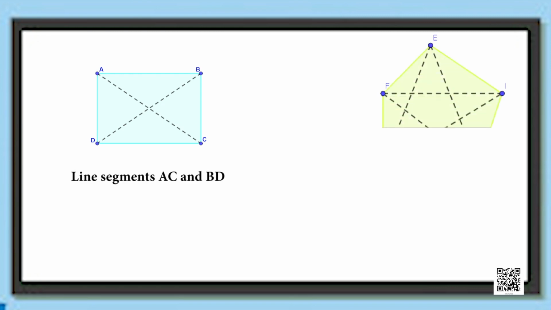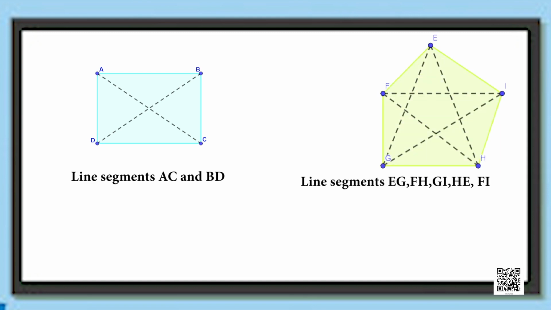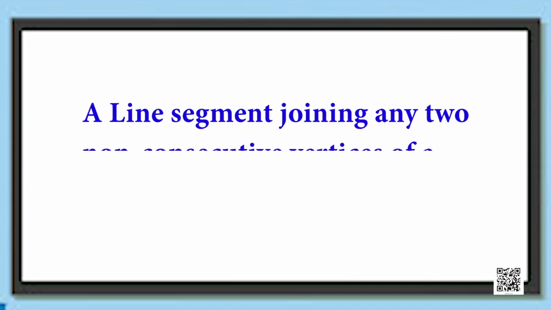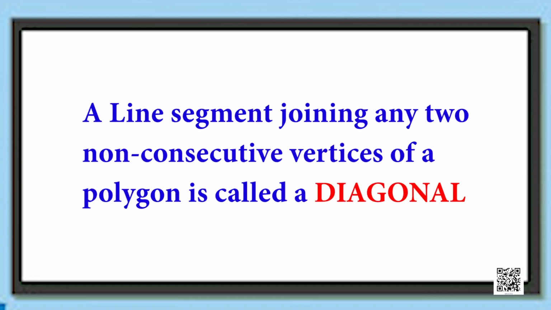In the pentagon EFGHI, line segments EG, FH, GI, HE, and in the quadrilateral JKLM, line segments JL and KM. All these line segments are joining the non-consecutive vertices of the polygons and hence they are called the diagonals. A line segment joining any two non-consecutive vertices of a polygon is called its diagonal.